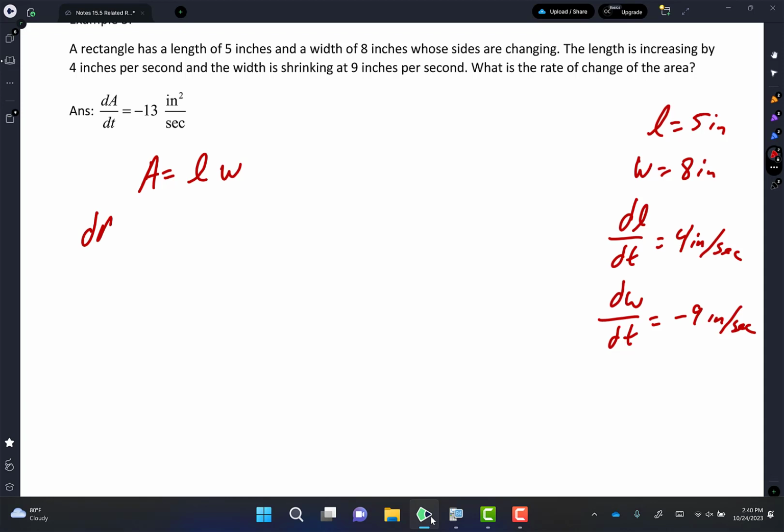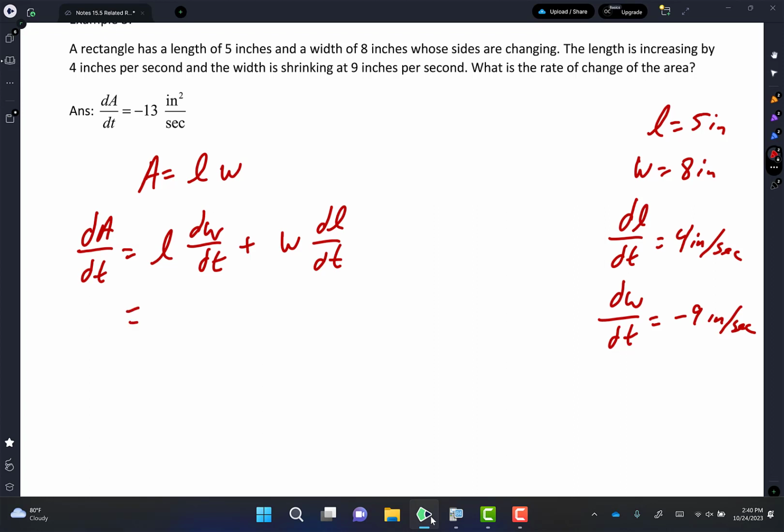dA dt is equal to first, so L, times the derivative of the second, dw dt, plus the second, W, times the derivative of the first, which is dl dt. Now plug and chug.